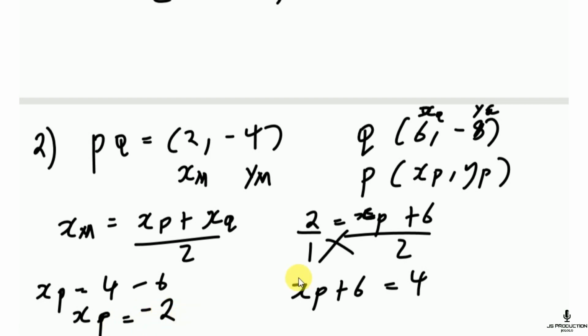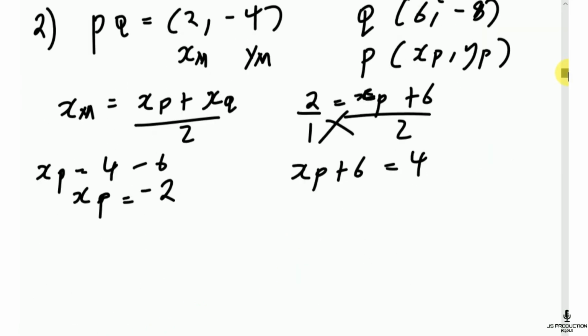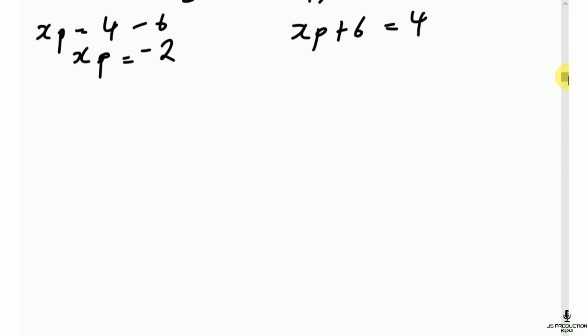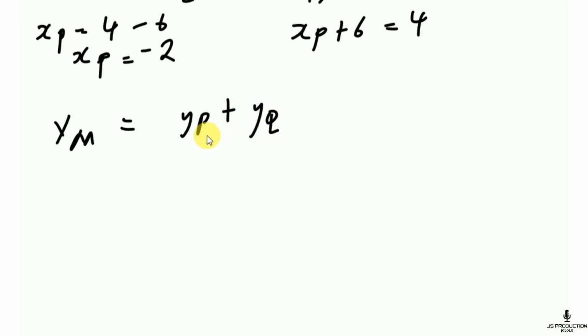Let us find the y coordinate for p. We are going to do the same thing. We're going to say ym is equal to yp plus yq divided by 2. So that's going to be our formula, and from that we can replace.